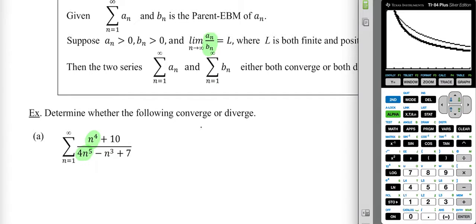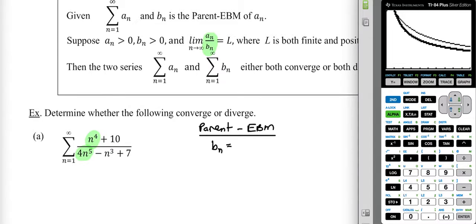So the parent function is going to be b sub n equals, now we take the ratio of the leading coefficients. I'm sorry, I'm thinking of the wrong thing. Take the ratio, I was thinking asymptotes for a sec there, just force of habit.